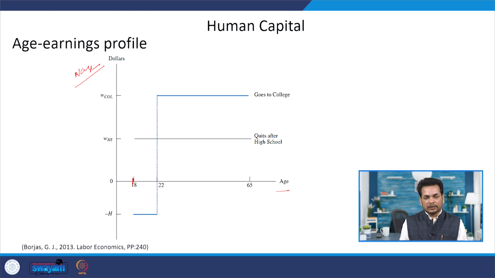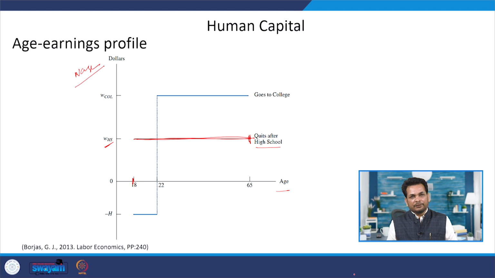Now, he wants to enter the labor market. If he enters the labor market after high school, then he is going to get a wage rate which is WHS, the wage rate affiliated to the high school education level. So, this is his lifetime earning, what he is going to get if he enters the labor market and continues to work until age 65.